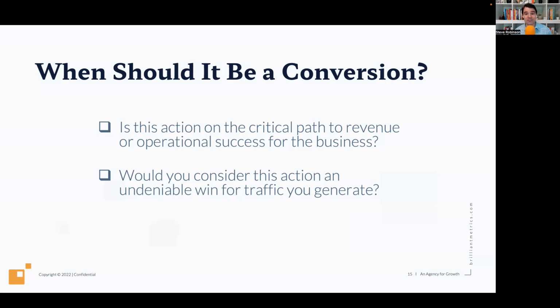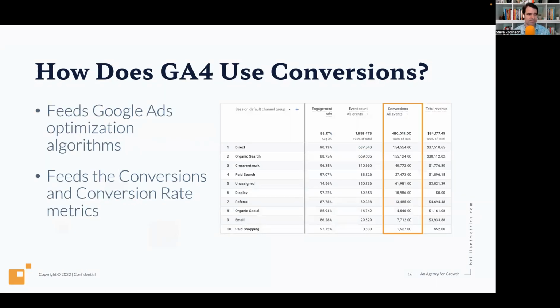If there's instances where somebody would do this and it's not necessarily a good thing, don't mark it as a conversion. You want to set your bar pretty high on conversions. If there's other things that are positive signals you want to measure, we'll talk about how to measure those in a second with custom metrics. Keep your conversions clean, keep them only the most important things.